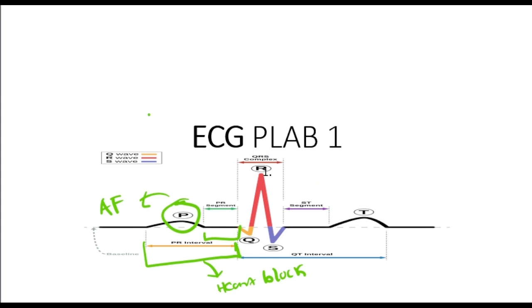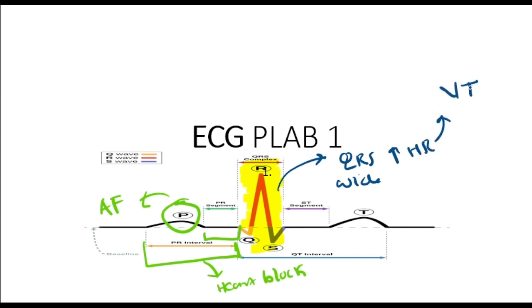And the most important among the cardiology ECG portion is the QRS complex. Why? Wide QRS with high heart rate points towards which one? VT. Don't worry, we will discuss this in detail.